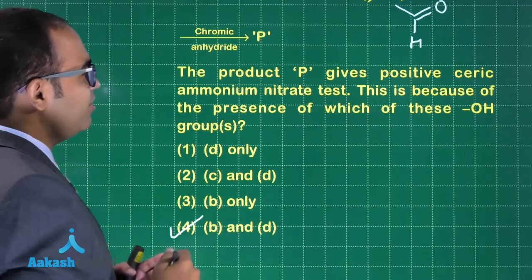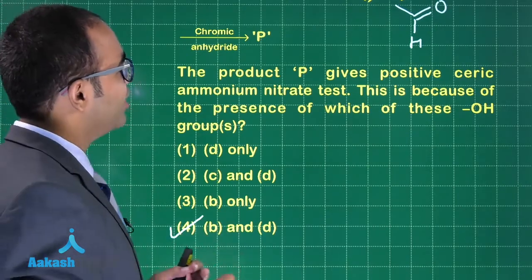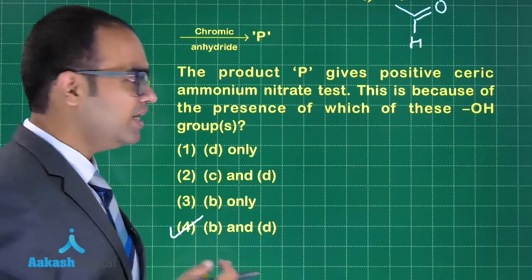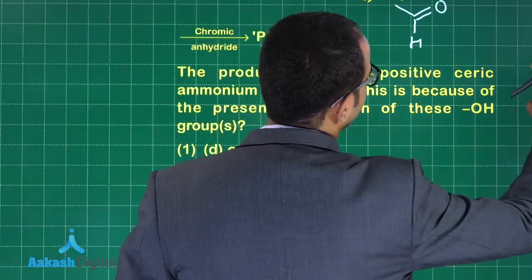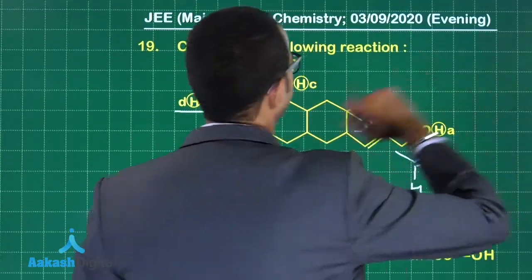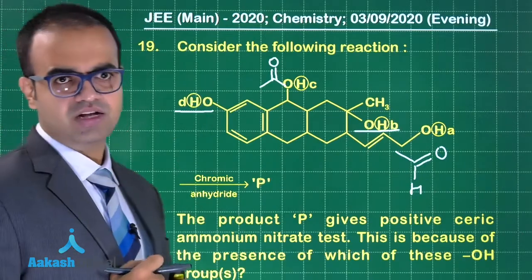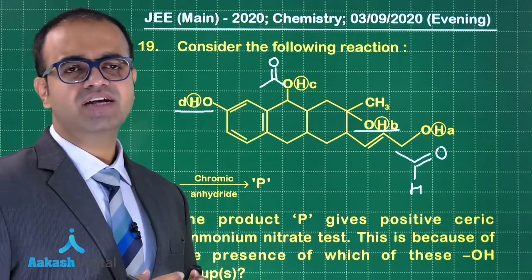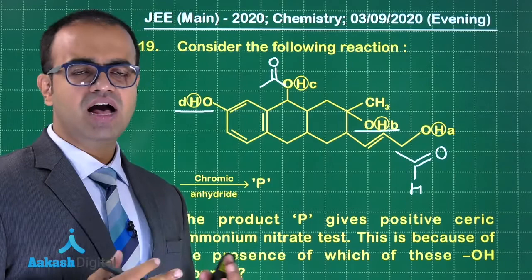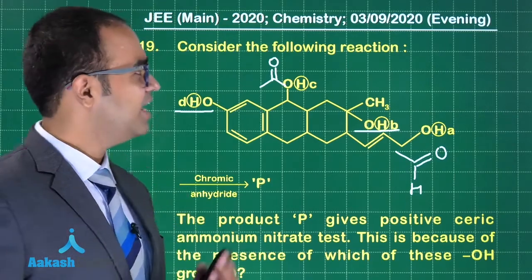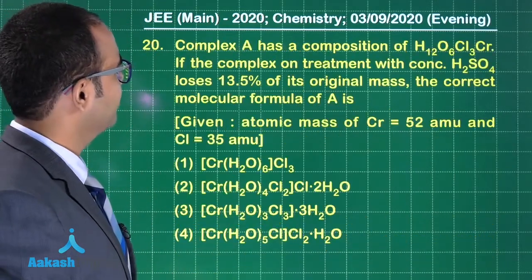It was a very simple question, just that you have to identify which OH will undergo oxidation and the OH which will not undergo oxidation, guys. And ferric ammonium nitrate is a reaction of OH group, guys. Okay, let us look at the next question.